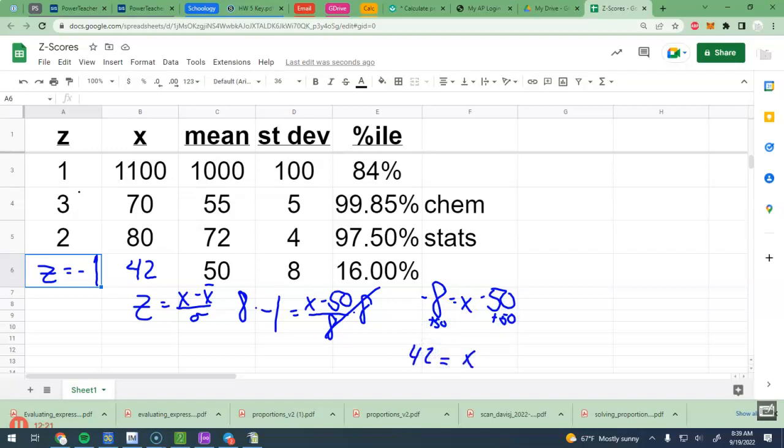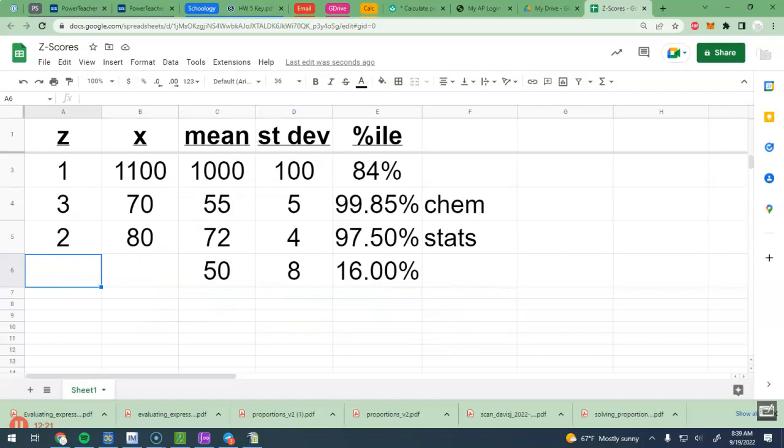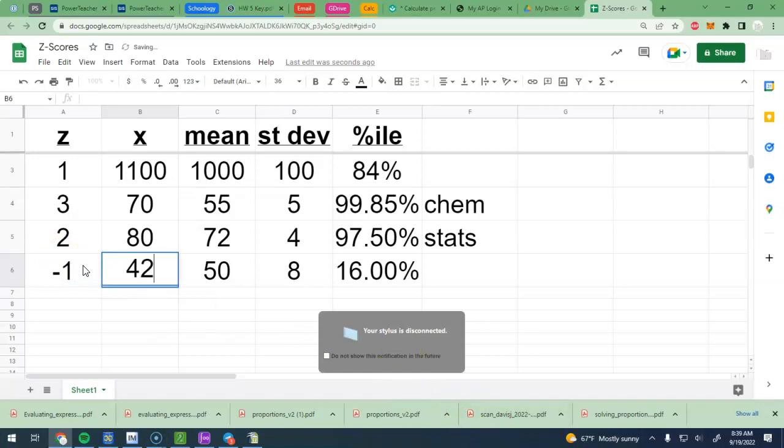You get 42. So it's nice when you can eyeball it and just look at it, and I like to do that because it means you understand the concepts. But you do need to know this also for when the mean is like 50.13 and x bar is 47.9. There are some decimals you just can't do easily. Probably could if you had to. Alright, so this was -1 and 42.